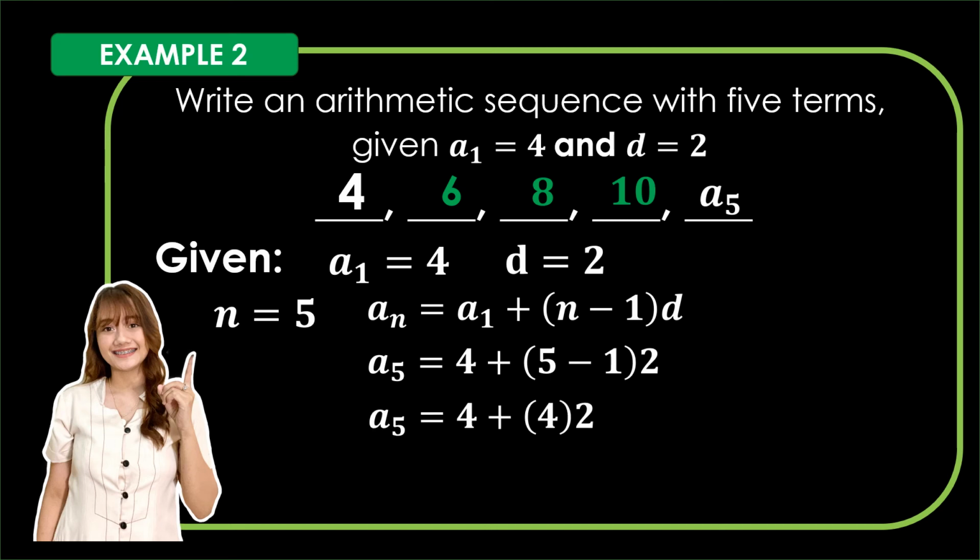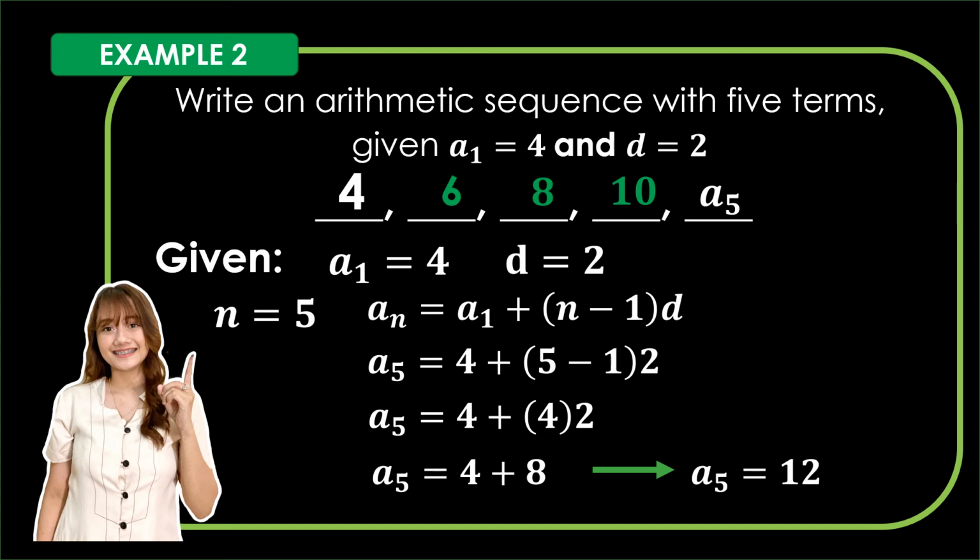Following the PEMDAS rule gives us a sub 5 equals 4 plus 4 times 2. We know that 4 times 2 is 8, and 4 plus 8 gives us 12. Thus, our fifth term, a sub 5, is equal to 12. Substitute the value of a sub 5 to our sequence.